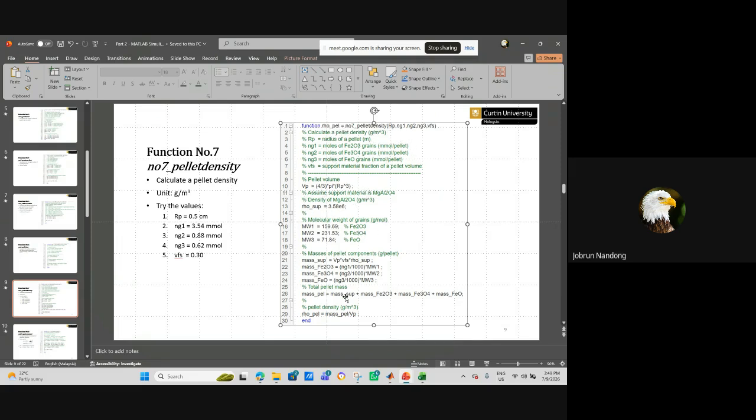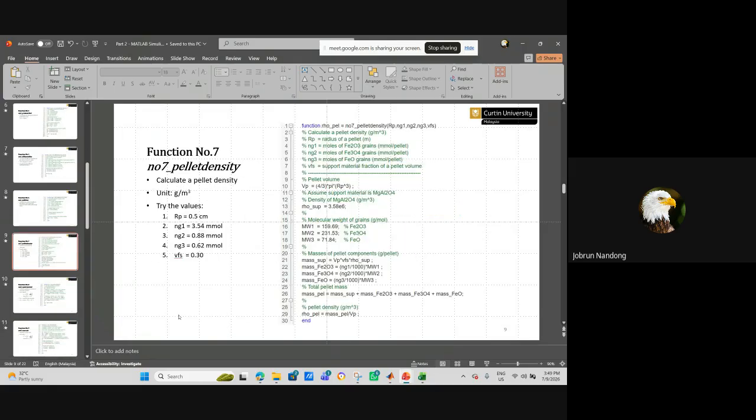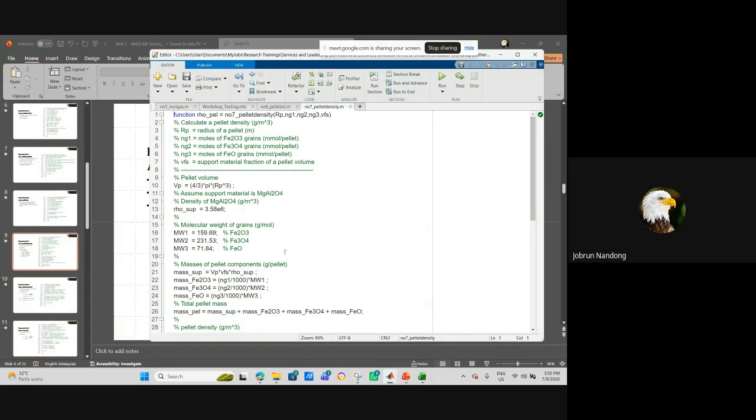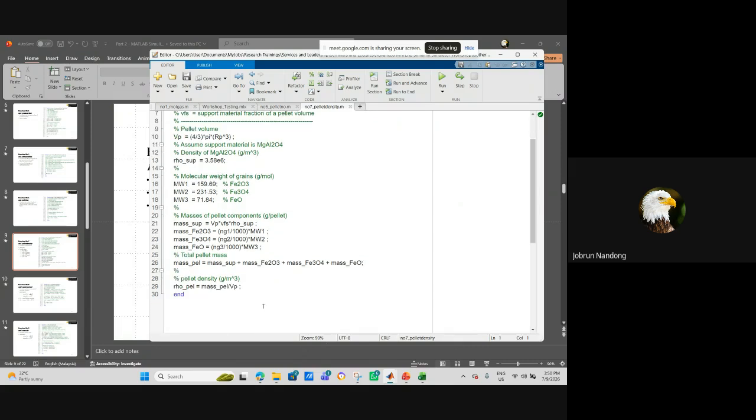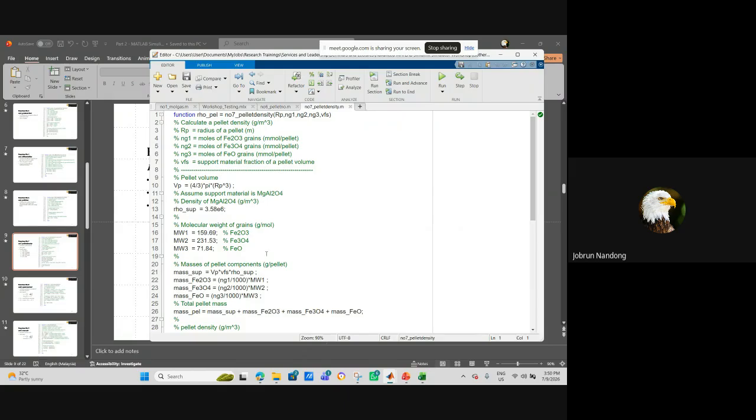So we have a few active lines there without a comment. The lines without a comment are the active lines. Here we need to know the number of moles for each grain type inside a pellet.